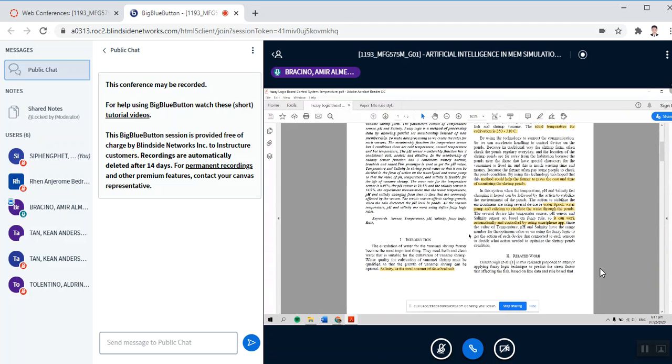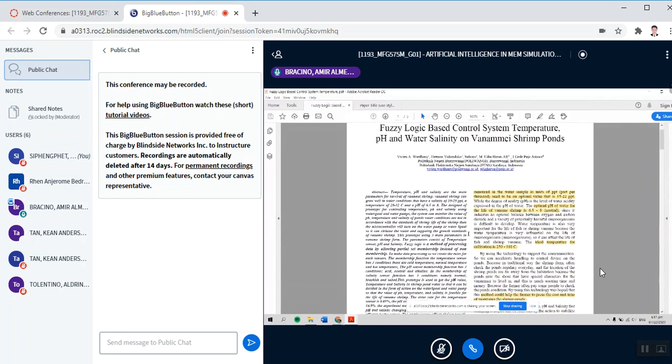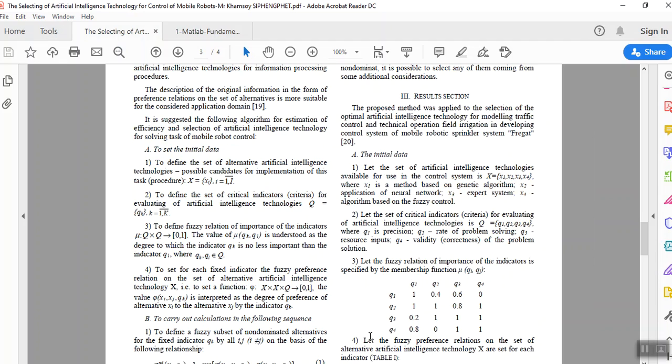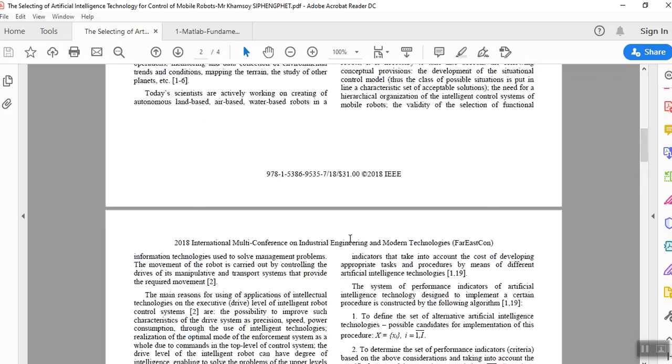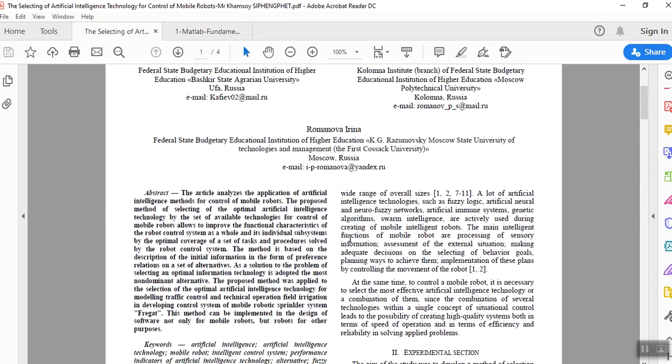In this paper, they will be using the parameters pH, temperature, and salinity for the survival of the Vaname shrimp. And they have defined the ideal conditions in order to grow the shrimp for the salinity, the pH, and then the temperature.